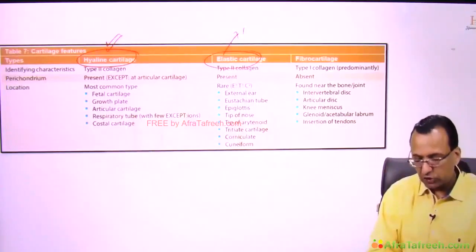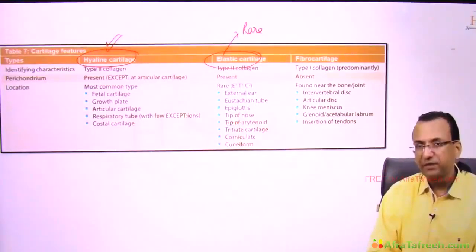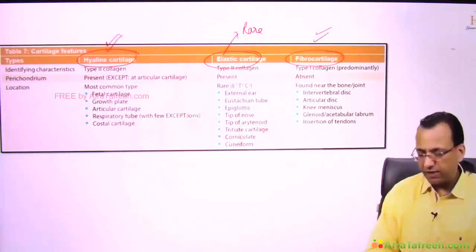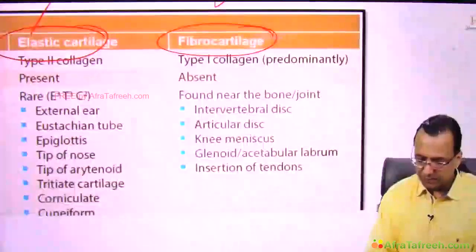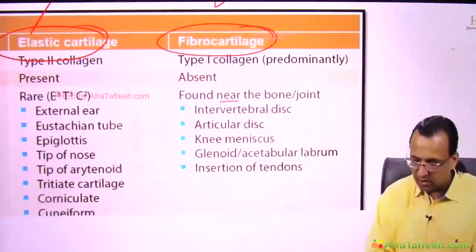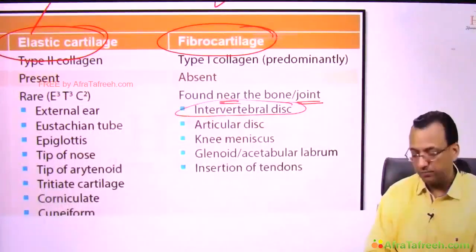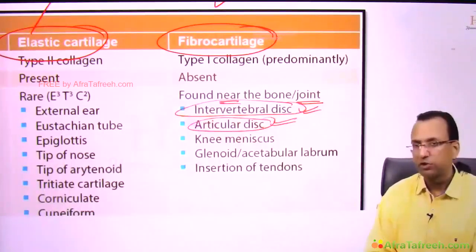It is the most rare cartilage. And then you have examples of fibrocartilage also. Actually, fibrocartilage we have already discussed, near the joints, like intervertebral disc working like a shock absorber, and articular disc in synovial joint between the bones.